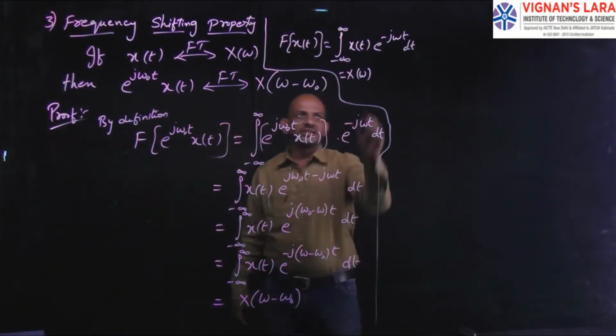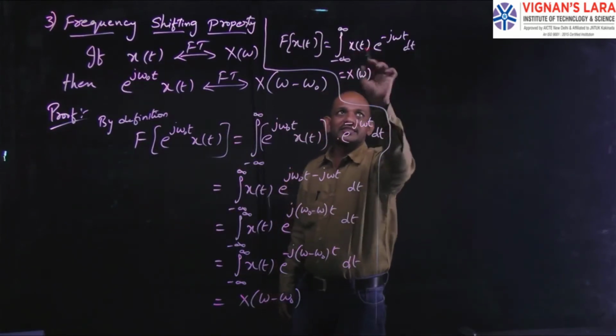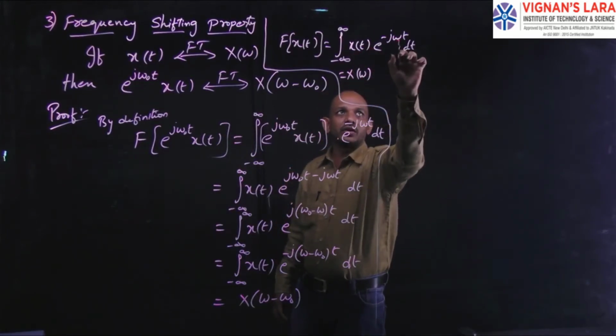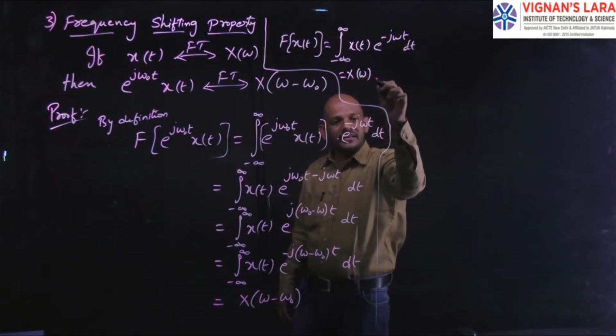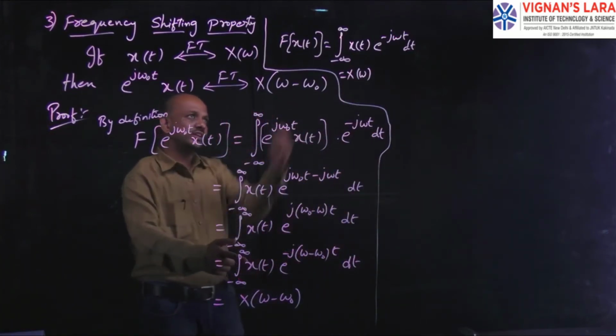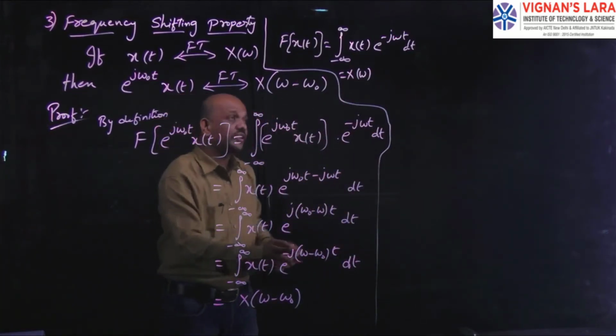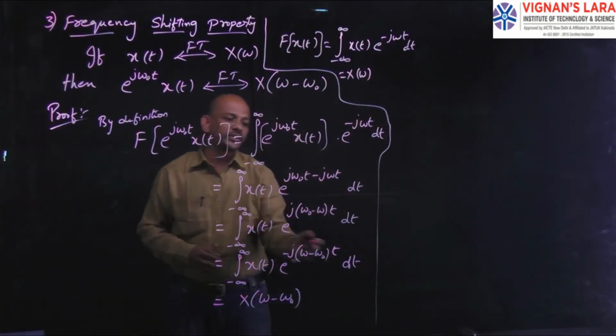Simple. This is the formula for X of omega. If I replace omega with omega minus omega naught, then this will also become X of omega minus omega naught. So here, the integral from minus infinity of x of t e power minus j into (omega minus omega naught) t dt.